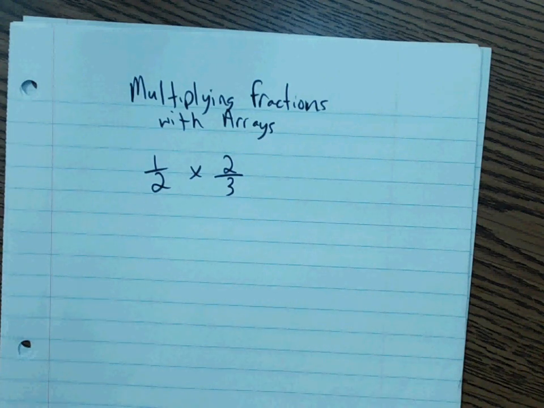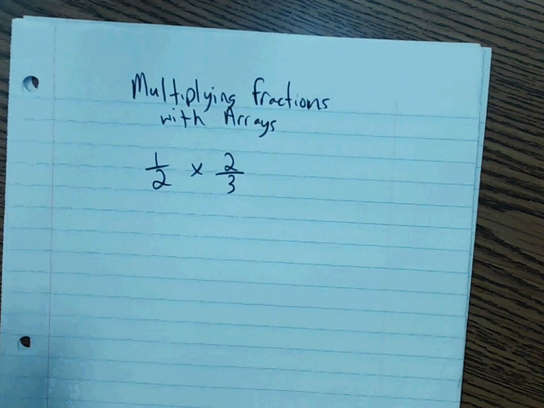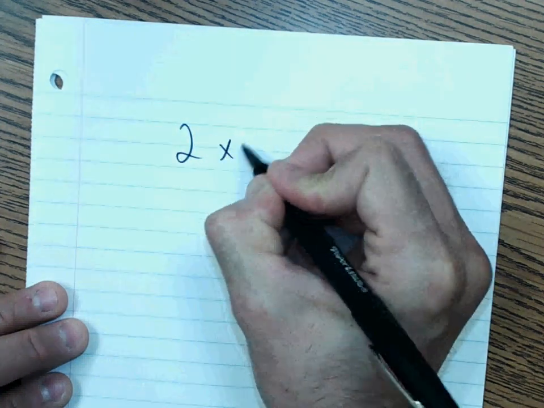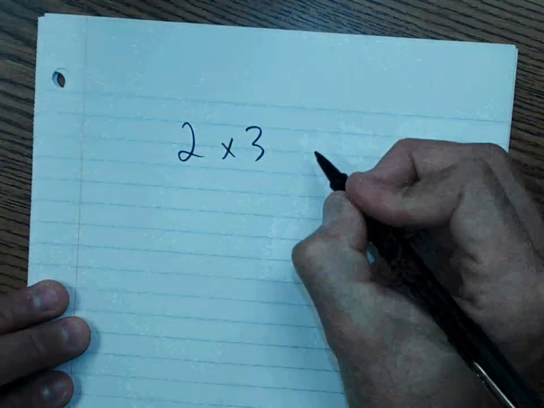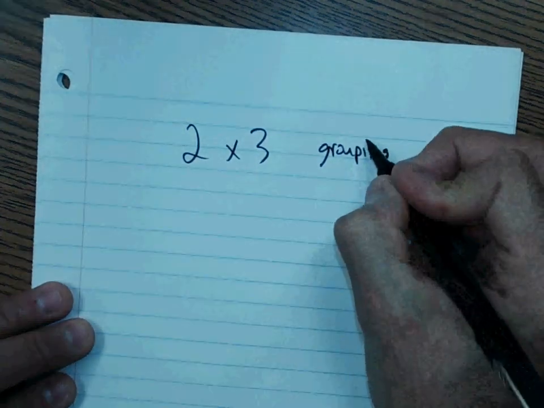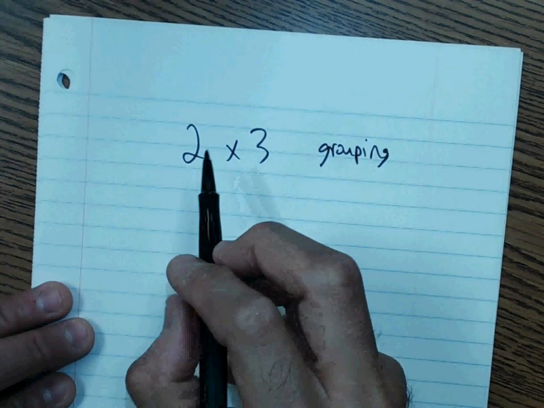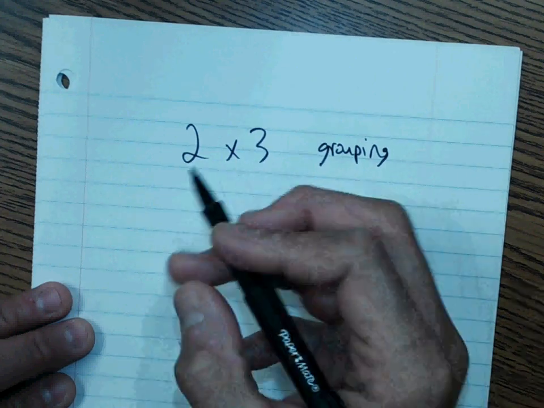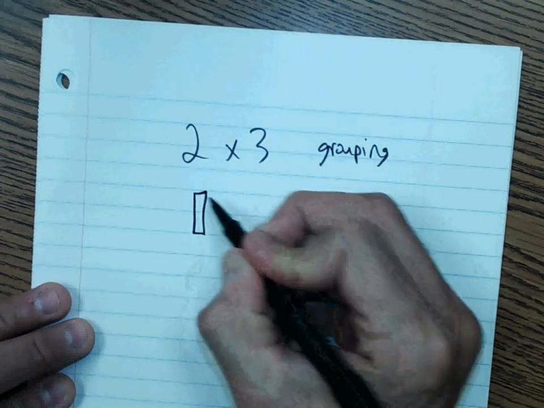Just as a side note, you don't have to add this first part to your notes. I just want you to visualize it. So when we're multiplying, let's say we've got something easy like 2 times 3. When you're multiplying numbers, you're actually grouping. You're putting them into groups. What I mean by that is this is asking me for 2 groups of 3. So I'm going to draw 3 shapes.